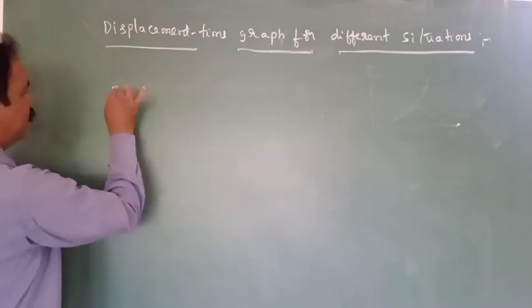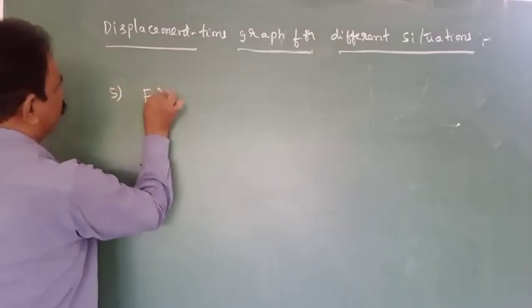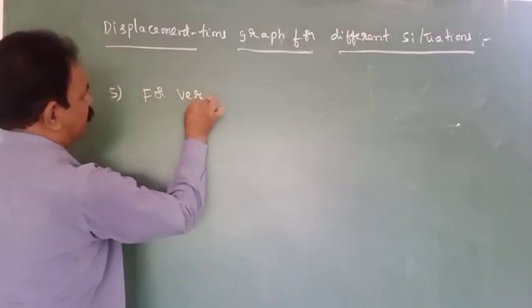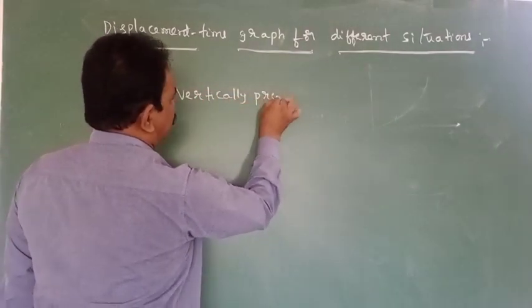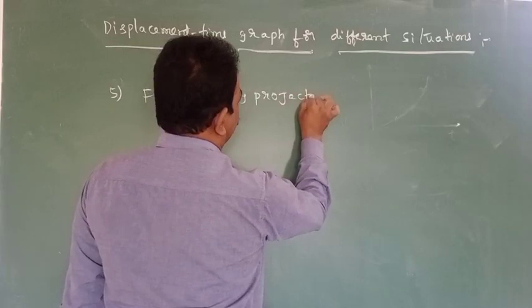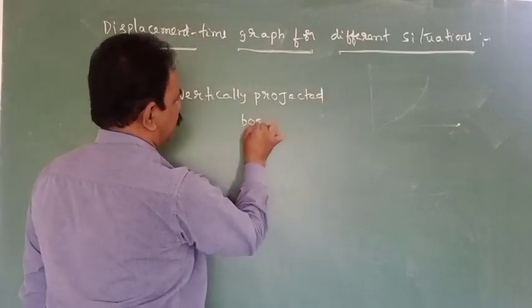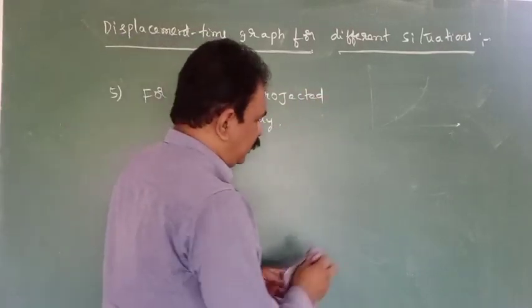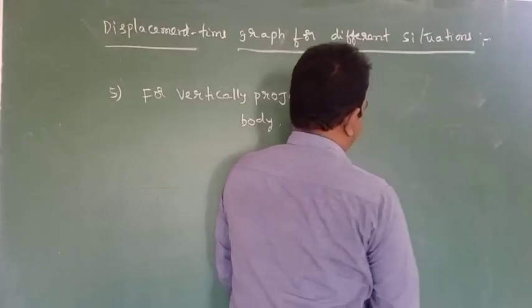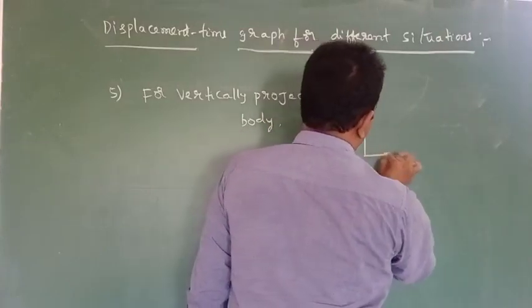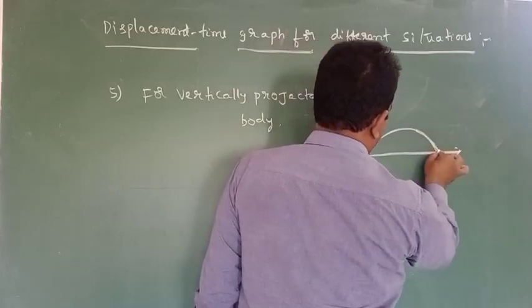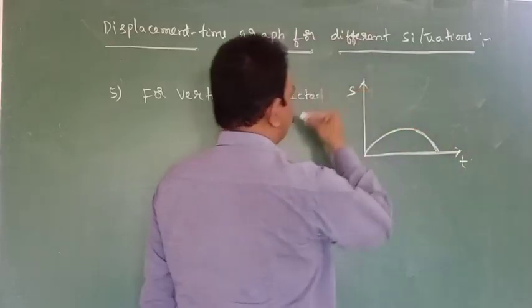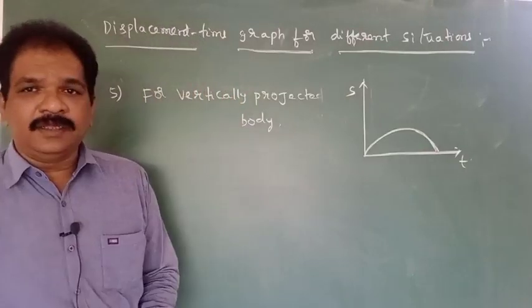For a vertically projected body, if we draw the graph, that graph shape will be in this format. Okay, like this.